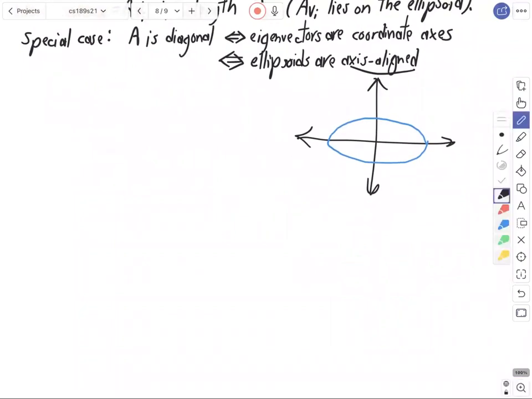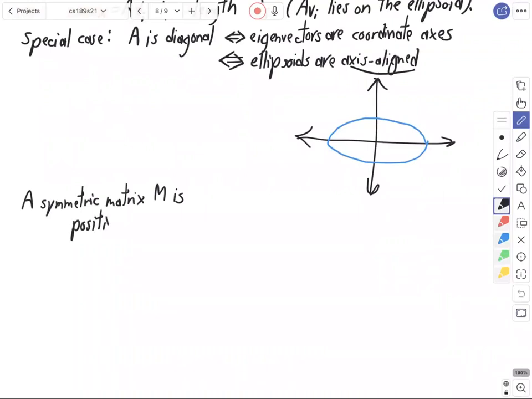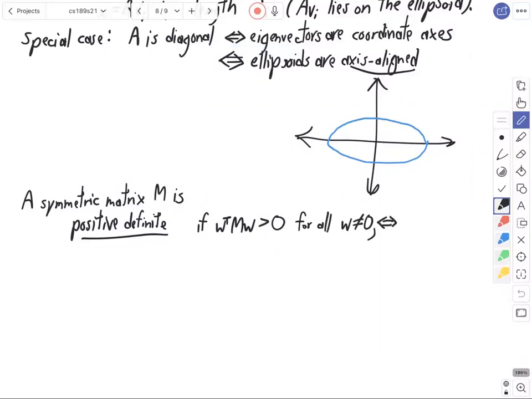All right, so let me remind you of some definitions that you're all already familiar with, but let's think about a general symmetric matrix M. So M is said to be positive definite if W transpose MW is always greater than 0 for all non-zero values of the vector W. And that is equivalent to having all the eigenvalues positive.